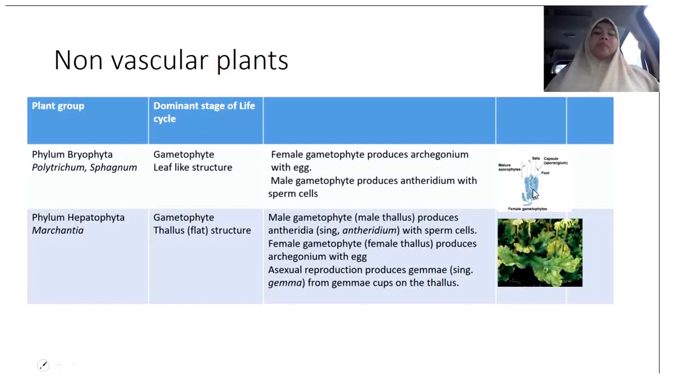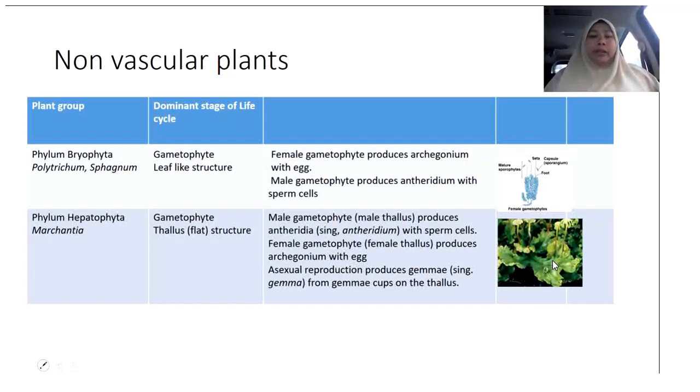For Bryophyta, the female gametophyte produces archegonium with egg, while the male gametophyte produces antheridium with sperm cells.